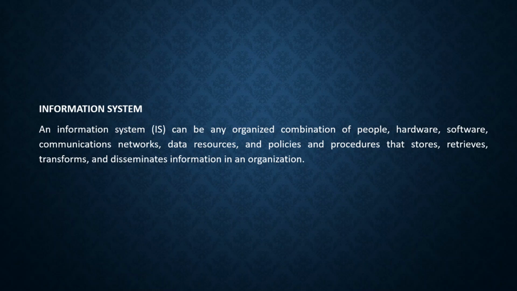So here, an information system involves people, hardware, software, communication networks or telecommunication networks, data, as well as policies and procedures. These are the resources of an information system. They work as an organized combination or collection in an integrated manner.